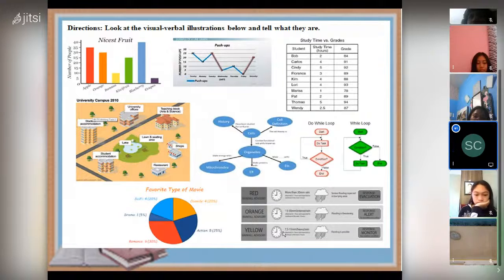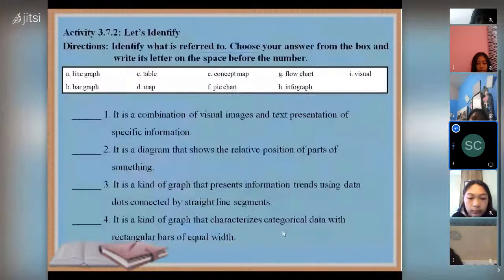A trend is whether it is decreasing, increasing, or steady. That is a trend. So which graph describes that description? It describes a trend, either decreasing, increasing, or steady. So it is the line graph.